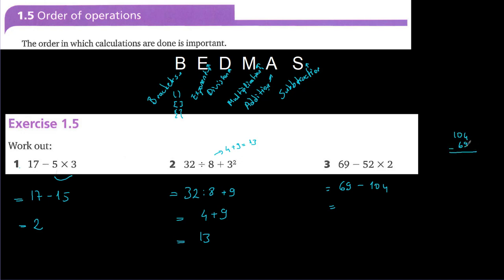From 4, 9, if you subtract, you borrow 1, this becomes 14, and 14 minus 9 is 5. There is 9 here, and 9 minus 6 is equal to 3. So the answer, since the 104 is negative, is minus 35.